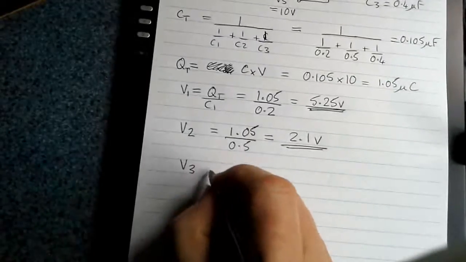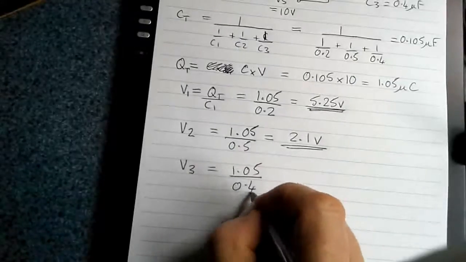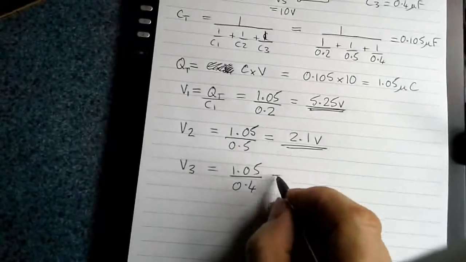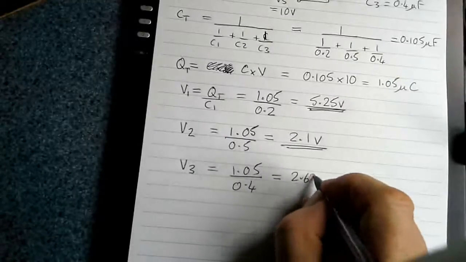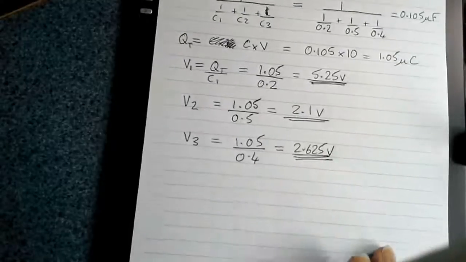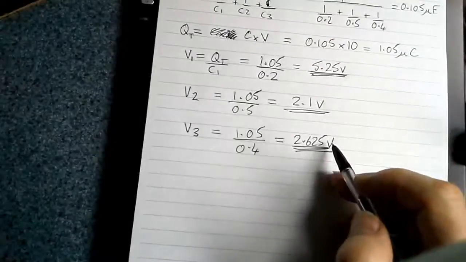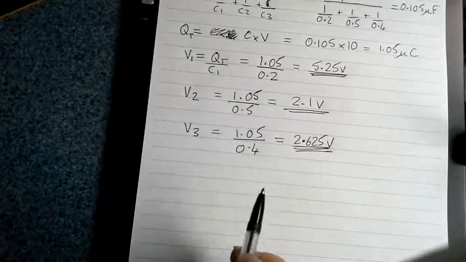V, the voltage on capacitor 3, is 1.05 divided by 0.4 microfarads, and that comes out at 2.625 volts. These should all add up to 10 volts, and approximately do, except allowing for a very small amount of error due to the rounding that I've done.